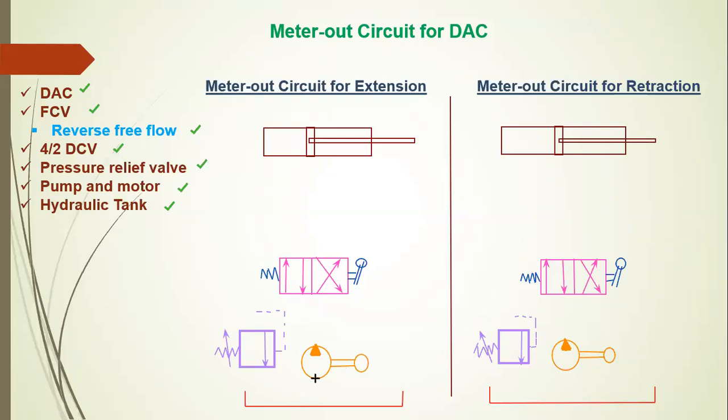The hydraulic pump is connected directly to the hydraulic tank, and the pressure control valve is connected parallel to the hydraulic pump, and the output from the PCV is drained into the hydraulic tank.